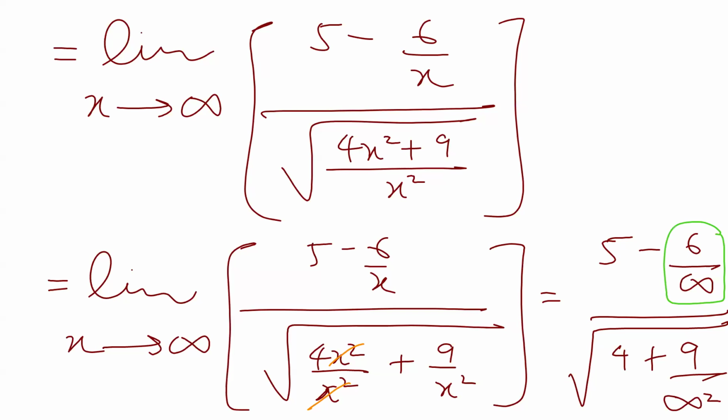Now, what are these green colored terms? These are 0. So, what is the final answer? Come on, tell me, guys. Correct, 5 by 2. Just complete the problem.